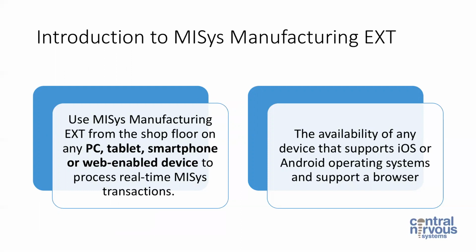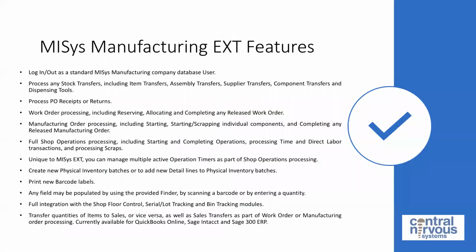Okay, good. So the MISys Manufacturing EXT features, we've got a long list here. A lot of what you see here is what you were able to do with the barcoding module with the Worth Data hardware: item transfers, starting and stopping of production orders, and so on. So all the regular things that you're used to being able to do with the barcoding module, with a few additions.